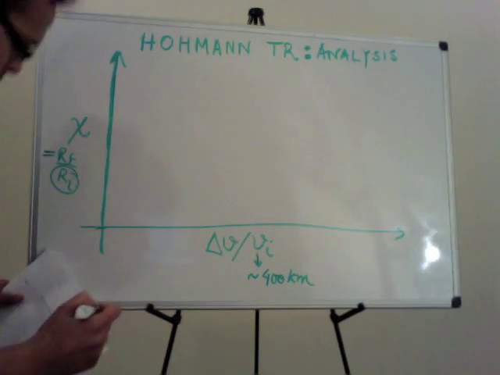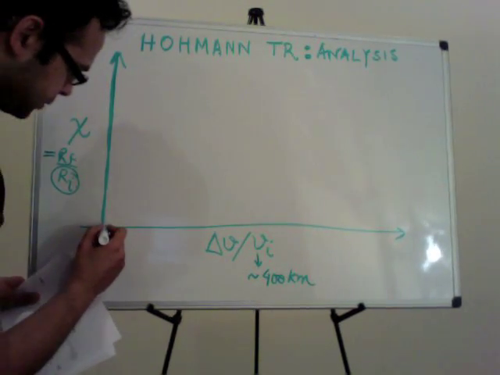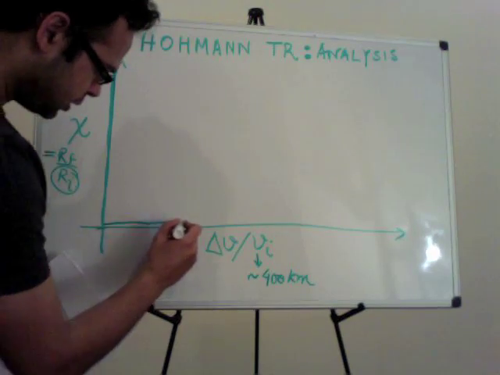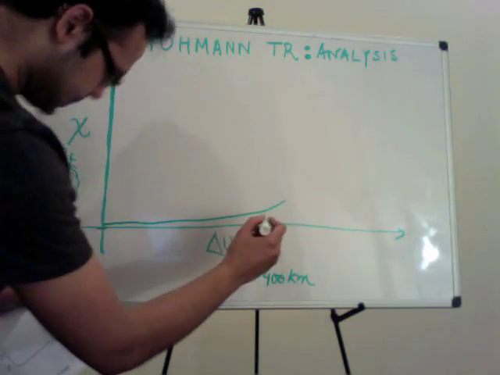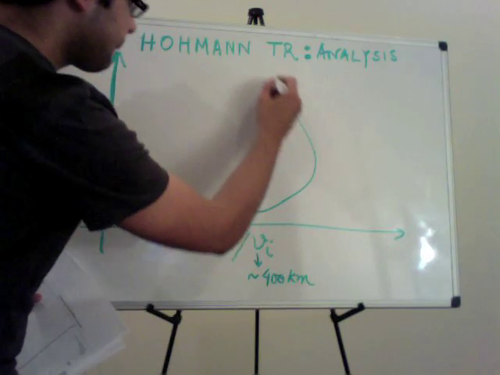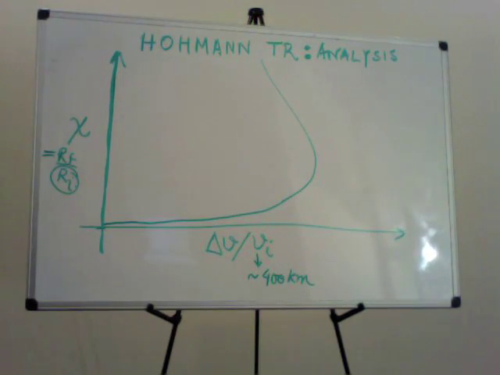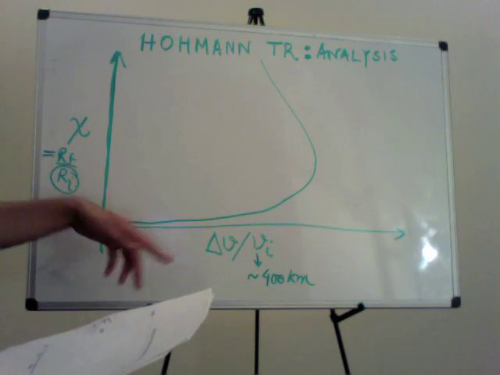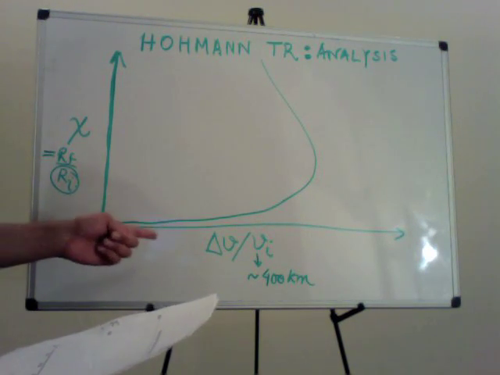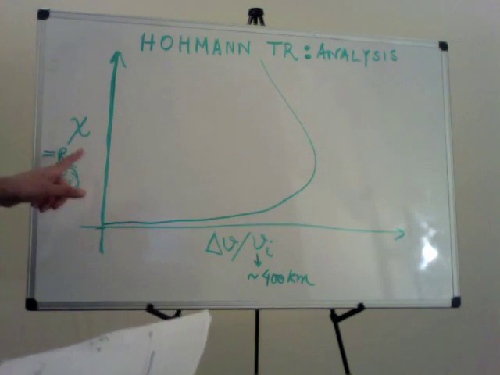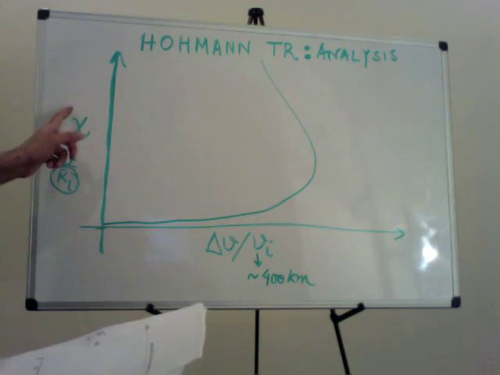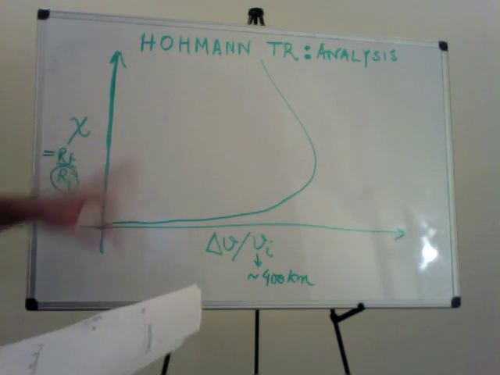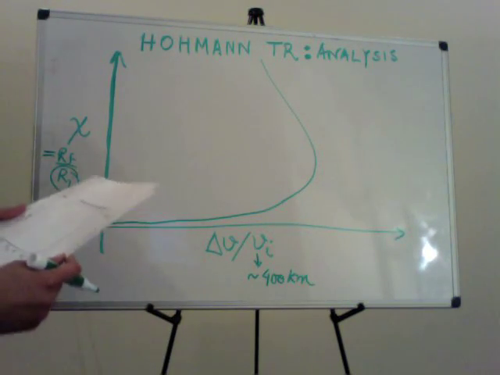I start at 1 and it initially goes like that. This is nothing but the previous figure, the delta V figure, inverted. I had delta V on the y-axis and chi on the x-axis. I've reversed that here.